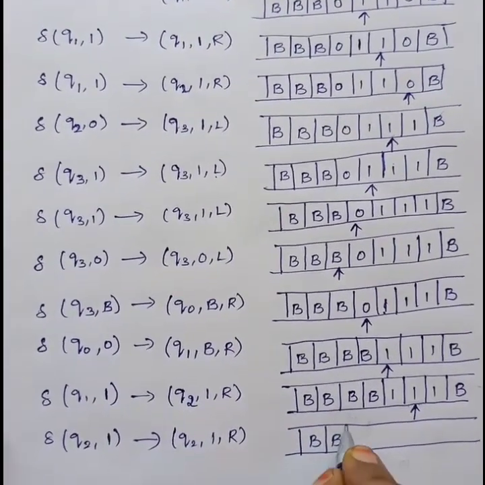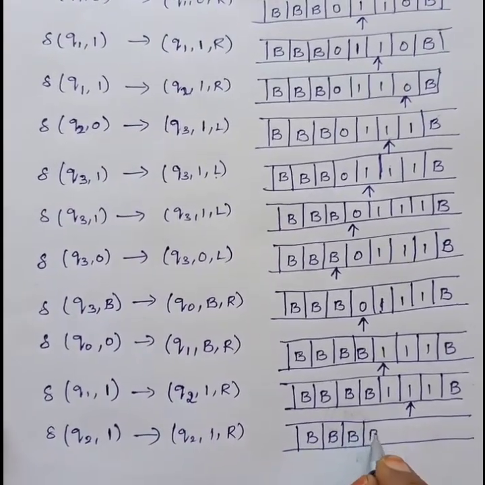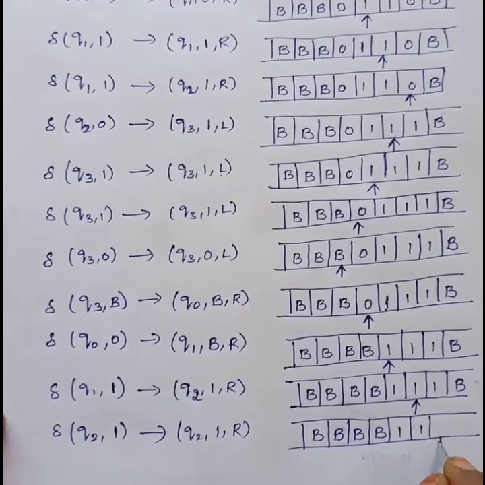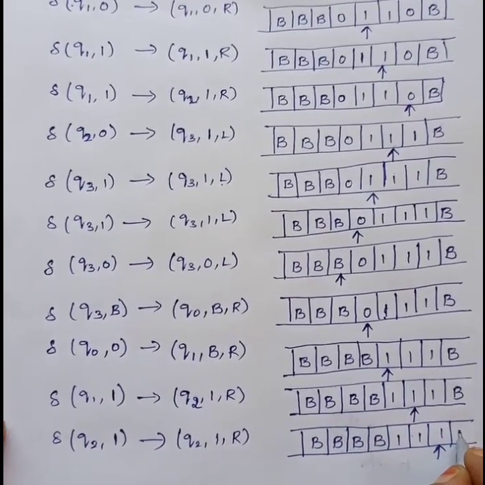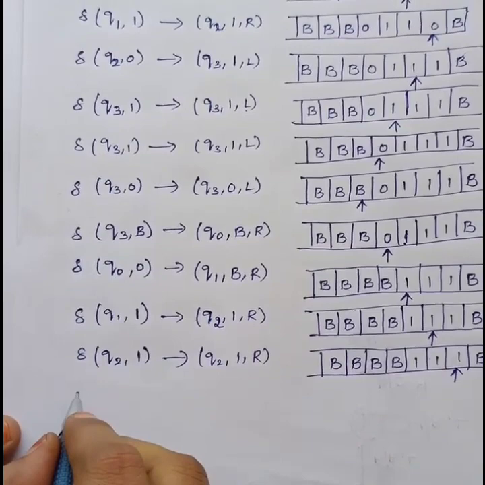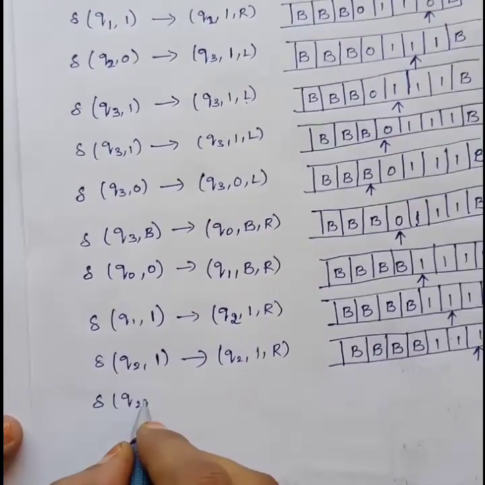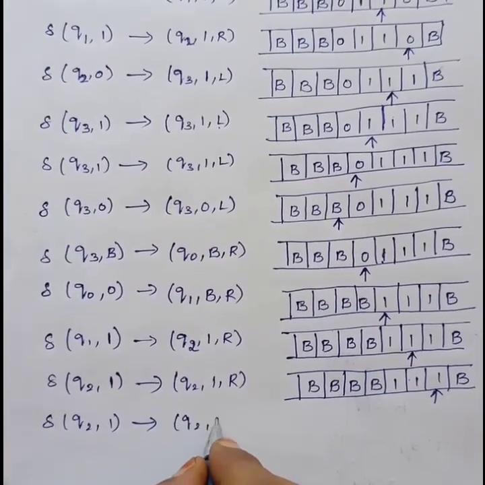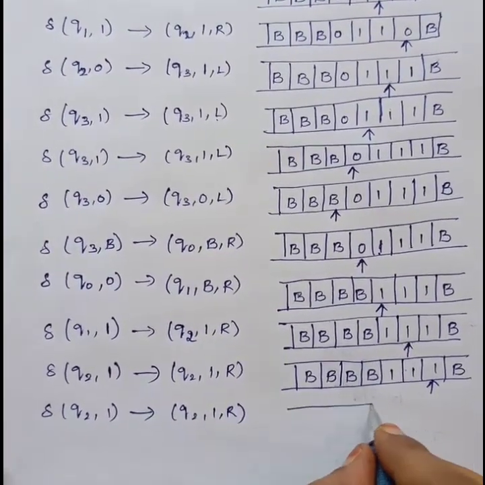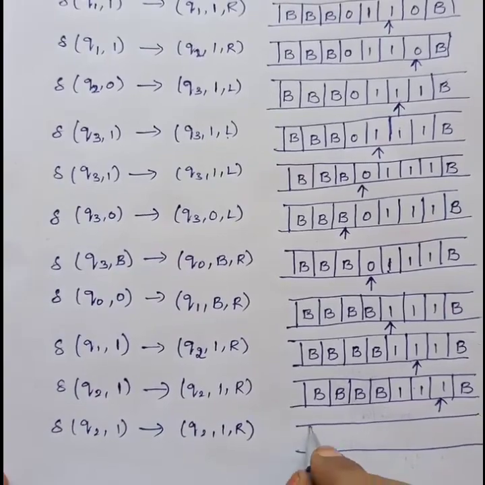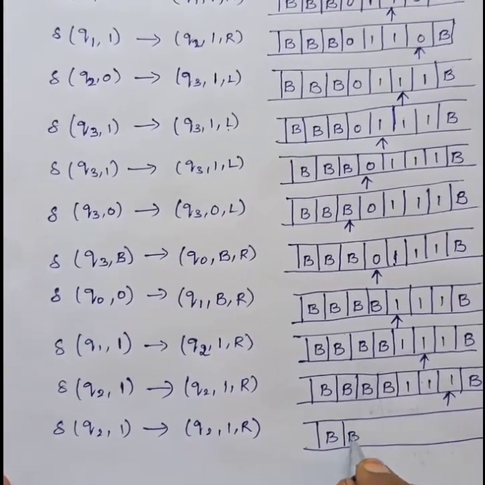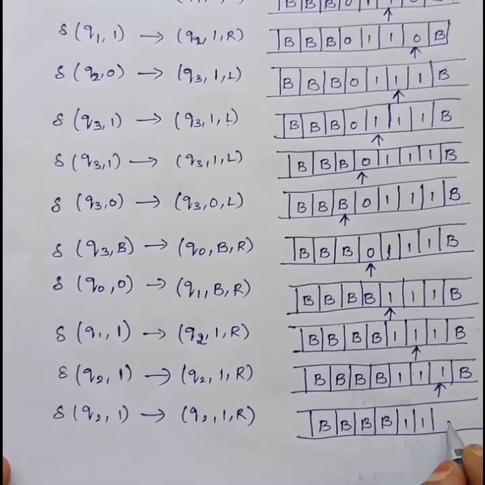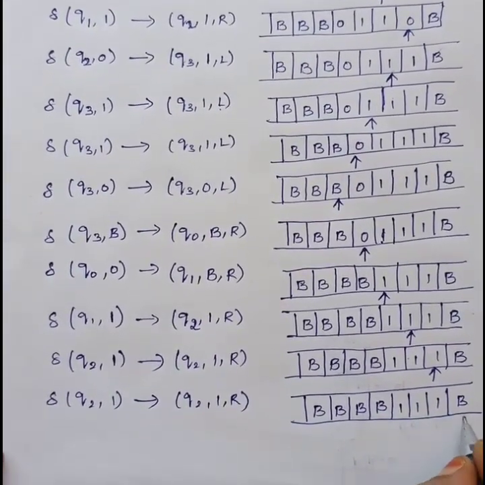So 1, 1, moving to right, 1, B. Now I am in Q2 state, getting input as 1, same transition, Q2, 1, R. So B, B, 1, 1, 1, so B.